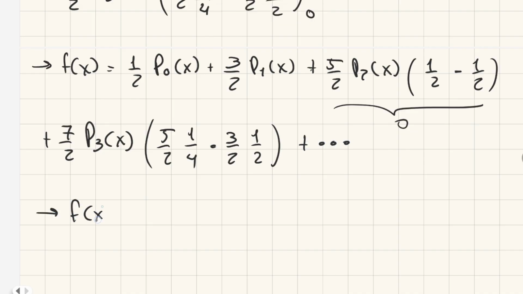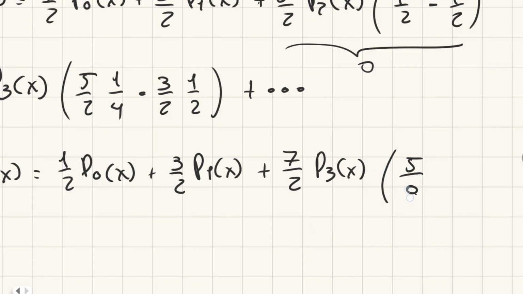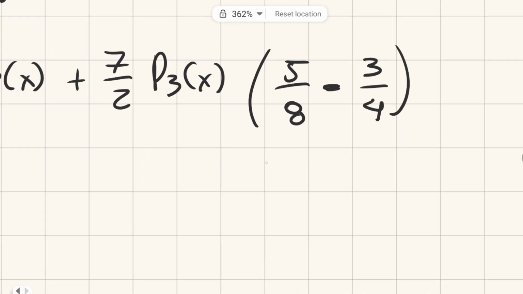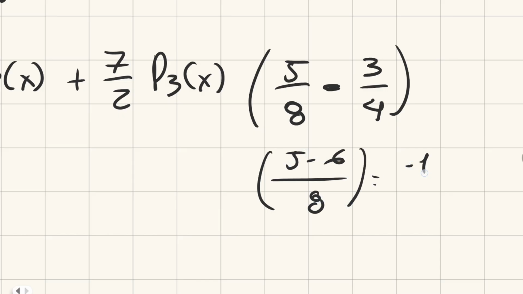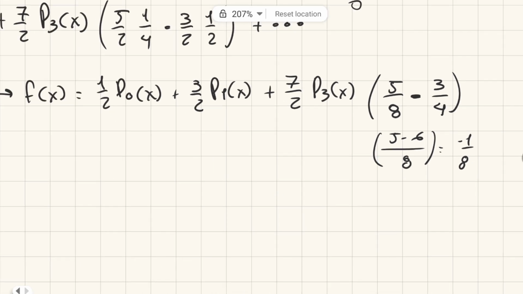So f of x is going to be 1/2 of p sub 0 of x plus 3/2 p sub 1 of x, and then plus 7 divided by 2 p sub 3 of x times 5 divided by 8 minus 3 divided by 4, and all these things that we have here can be seen as 5 minus 6 divided by 8, which is equal to minus 1 divided by 8, and this whole thing multiplies 7 divided by 2.